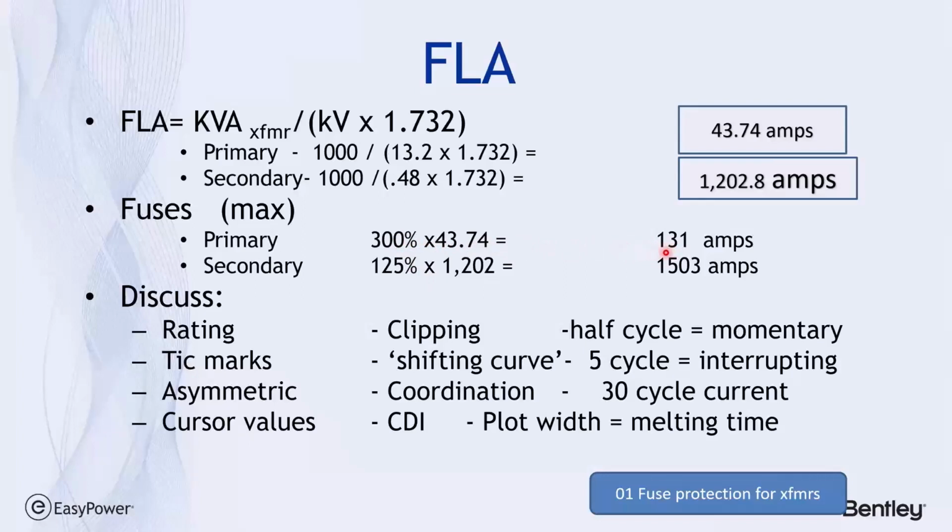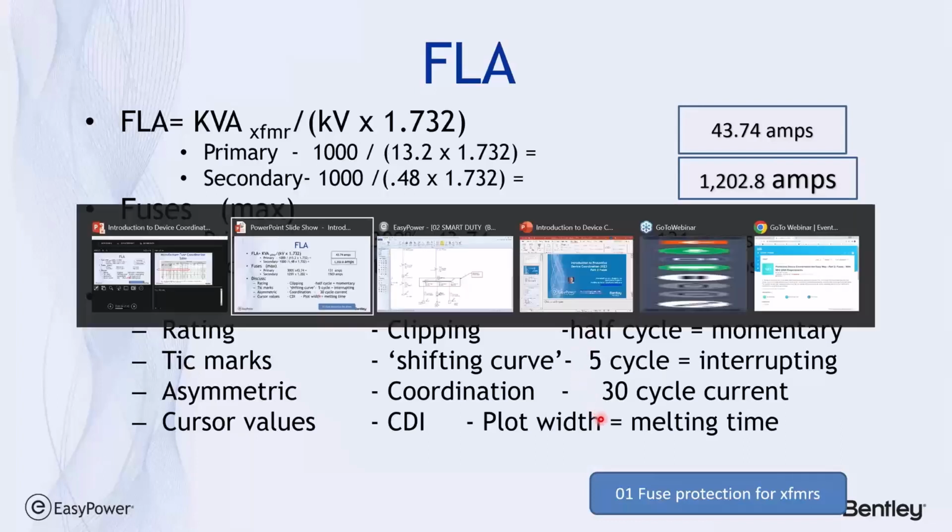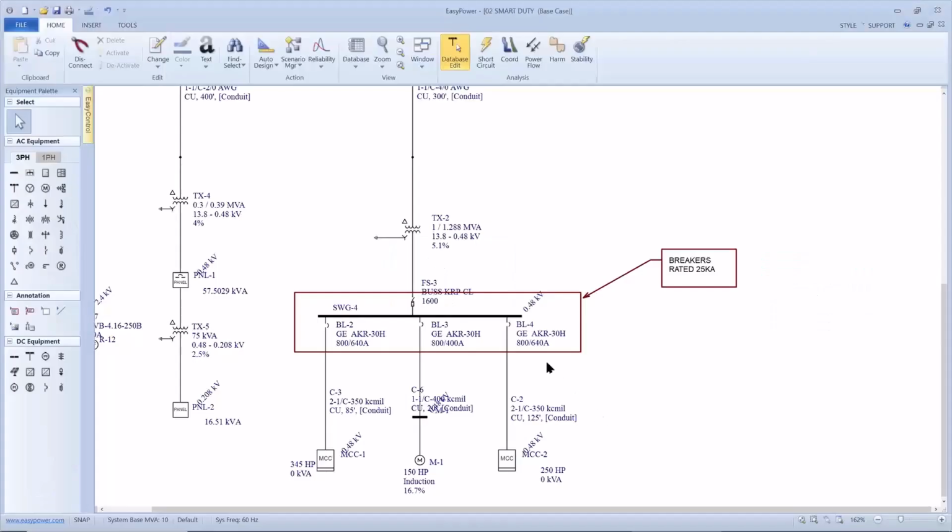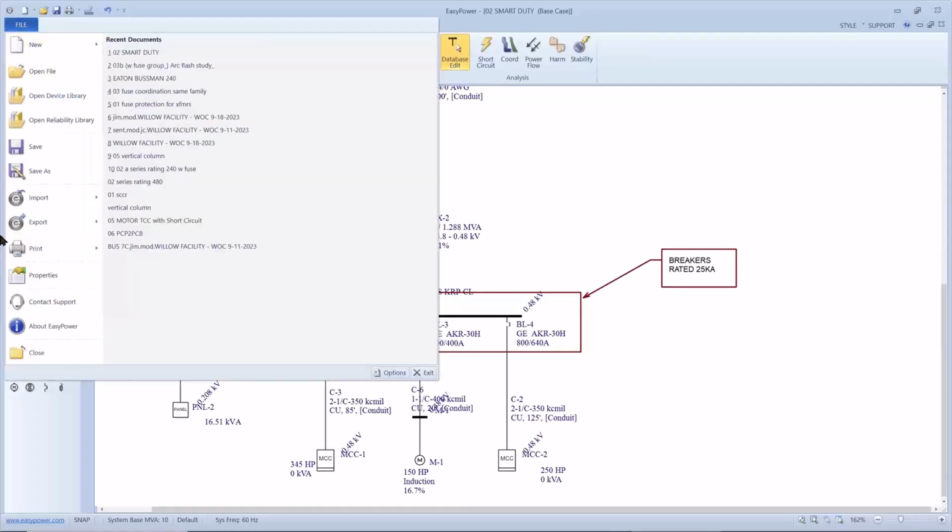Now, you don't have to go that high, but that's the maximum that you don't want to exceed. And then for secondary, it'd be 1503. So what I want to do is show on my little fuse protection for transformers where all this stuff comes into effect. So let's close this out.